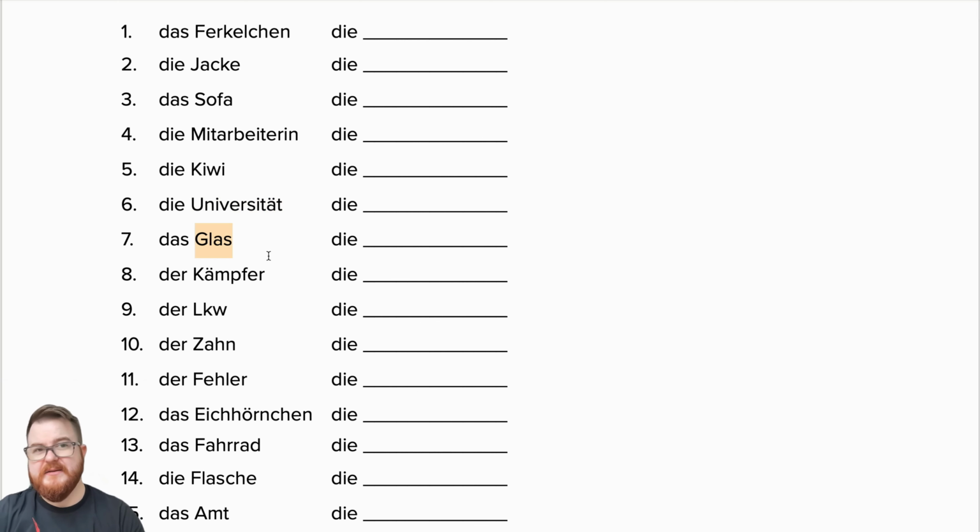Das Glas is a glass, like a glass you would drink out of, or glass in the window. Der Kämpfer is a fighter. Der LKW is a heavy goods lorry. LKW is short for Lastkraftwagen, LKW. Der Zahn is the tooth.